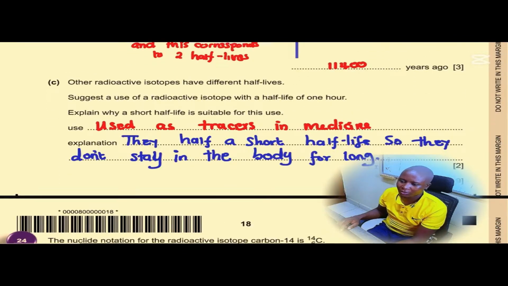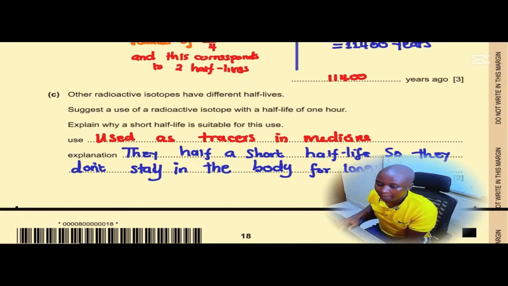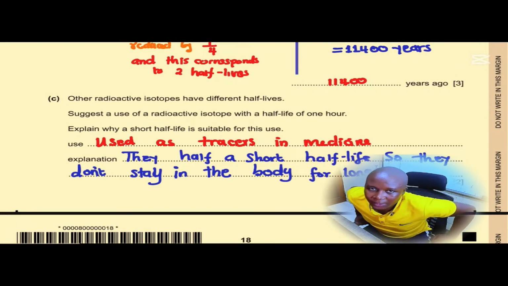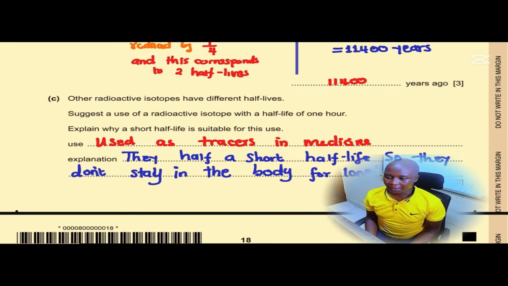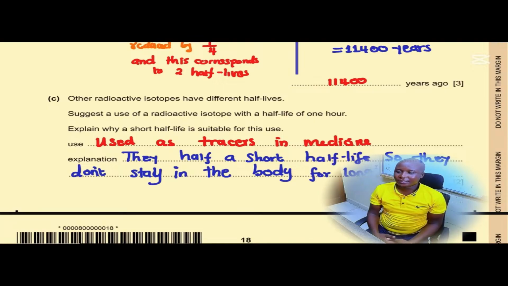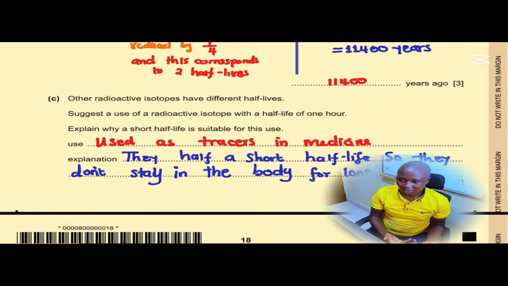Explain why the short half-life is suitable for this use. Radioactive substances or isotopes are used for different purposes. To determine the age of a plant, carbon is used. For diagnosis and for treatment of some ailments, we have what we call radioactive tracers.